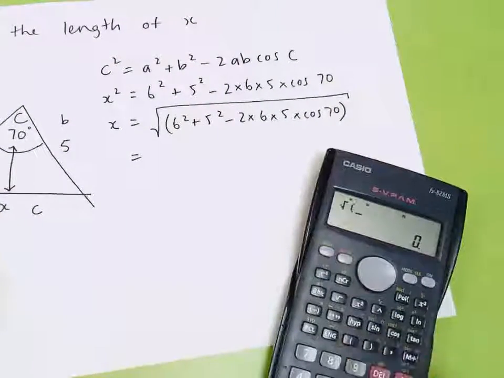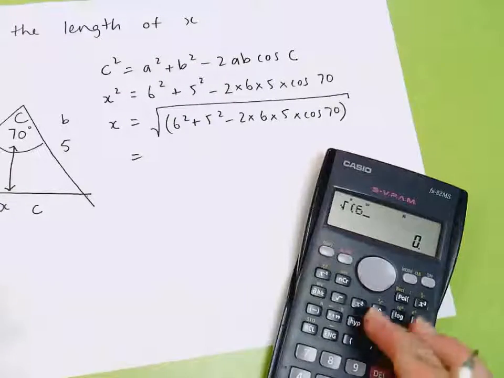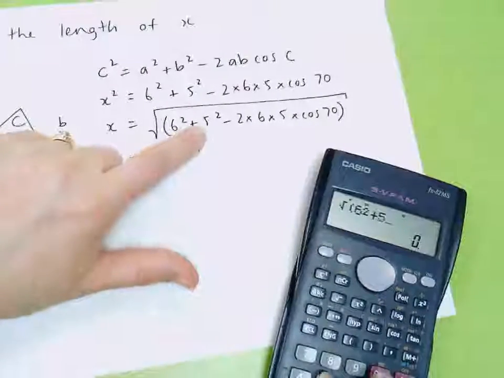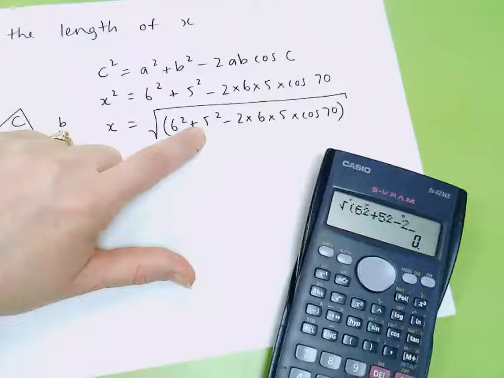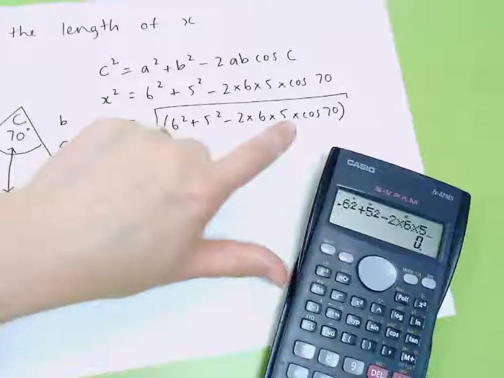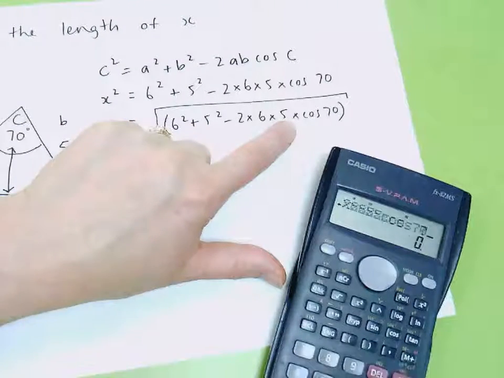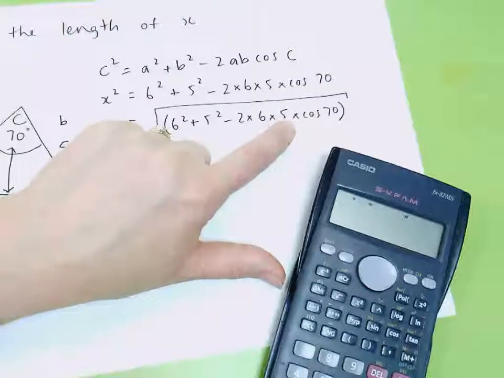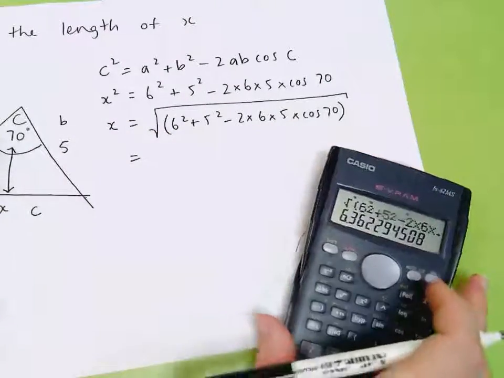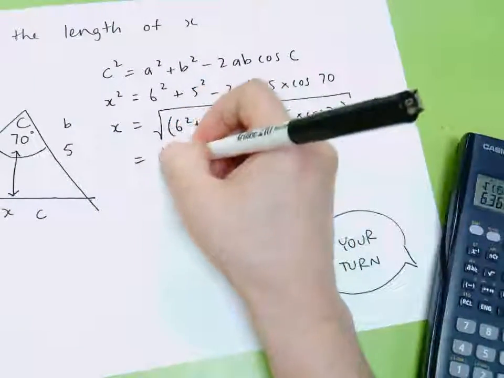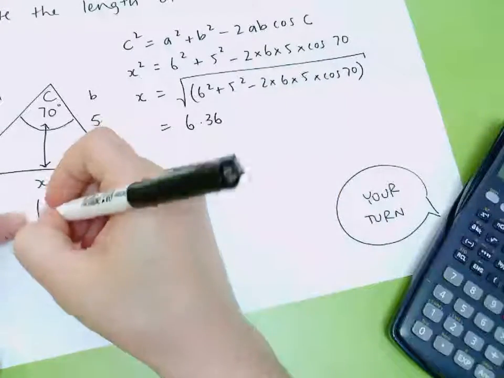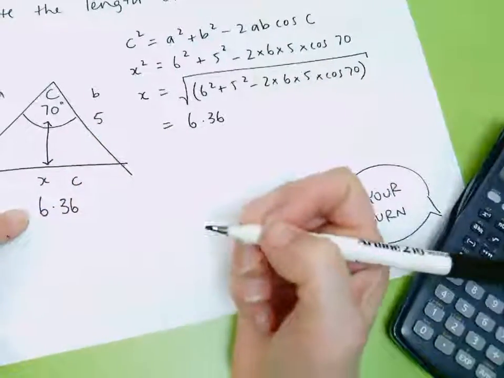So the square root of, I open my brackets, 6 squared plus 5 squared minus 2 times 6 times 5 times cos 70, close the brackets, gives me 6.36. So again, that's the length of my side here, 6.36.